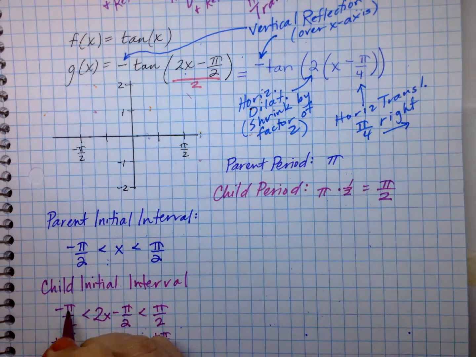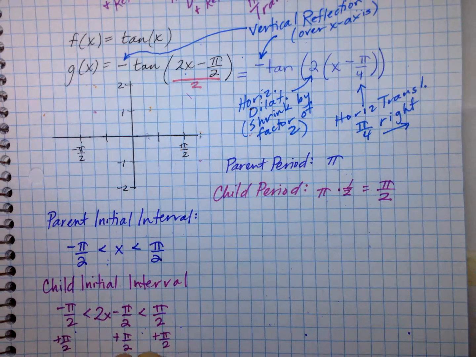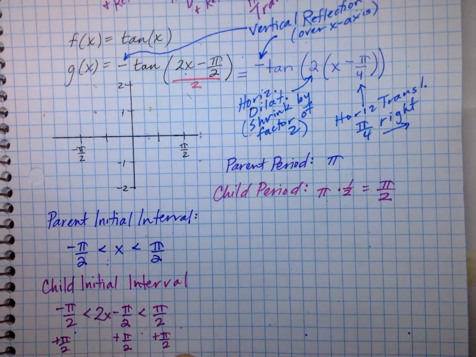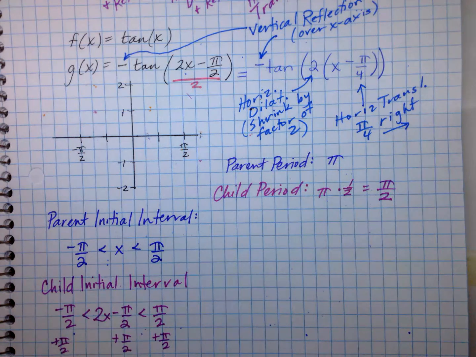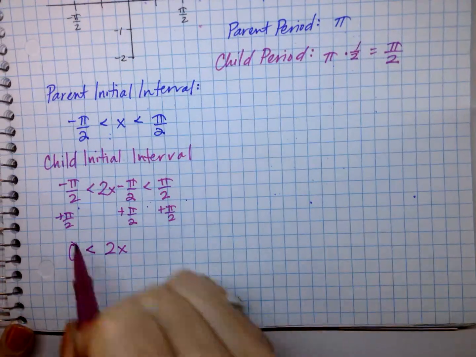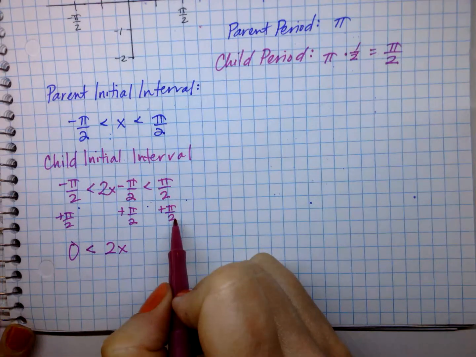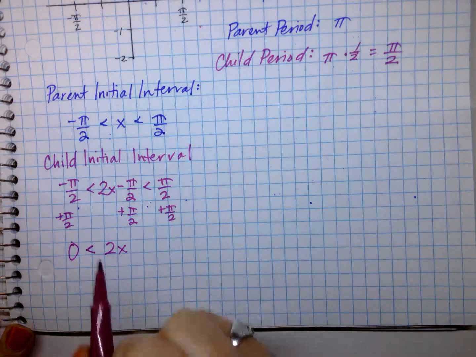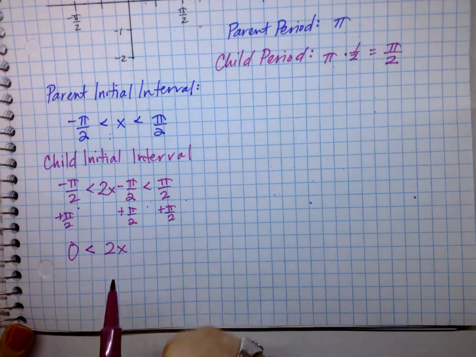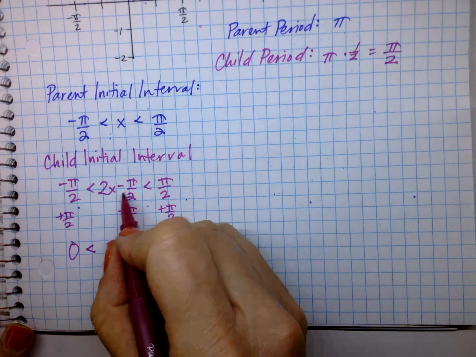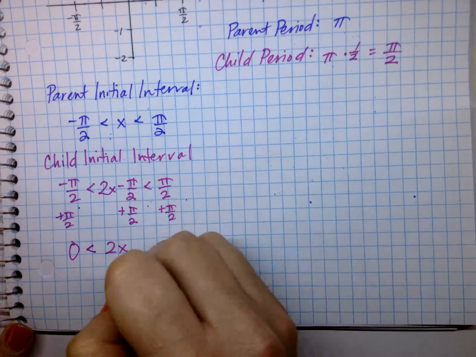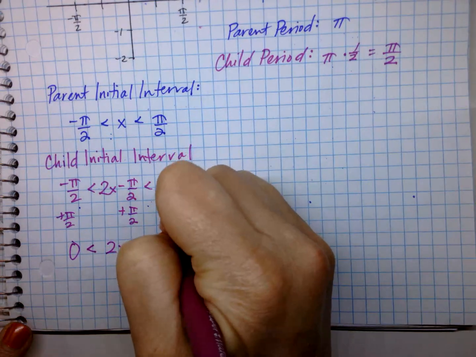Okay, and simplify. So these two combined end up at 0. In the middle now, I just have a plain old 2x. Oops, sorry, running out of space. There we go. I'm adding pi over 2 to all the sides, the middle and the interval edges. And over here, I have pi over 2 plus pi over 2.